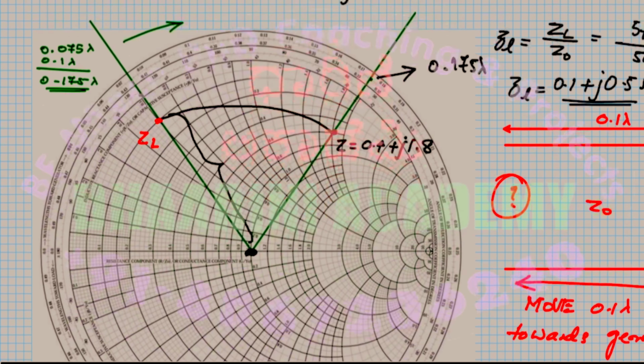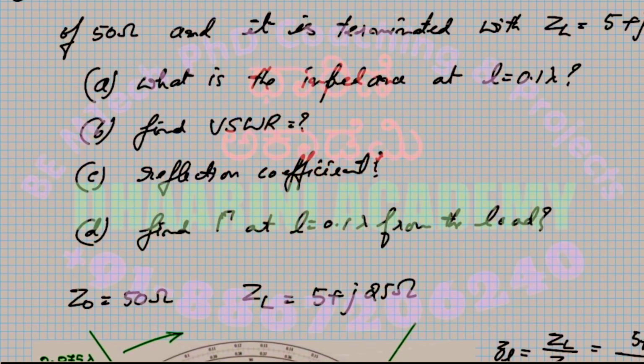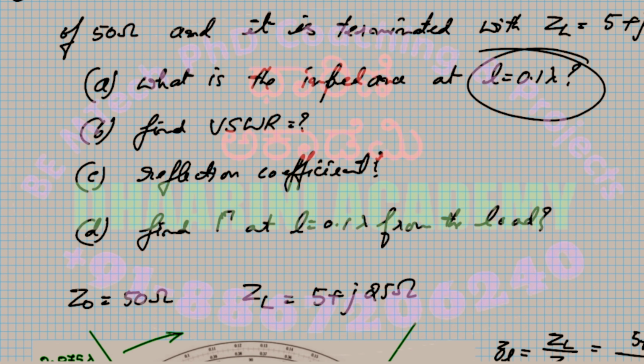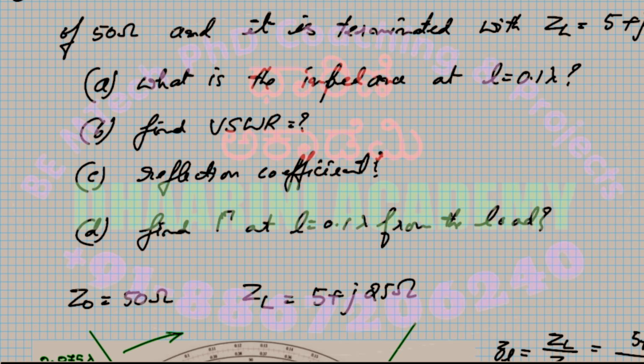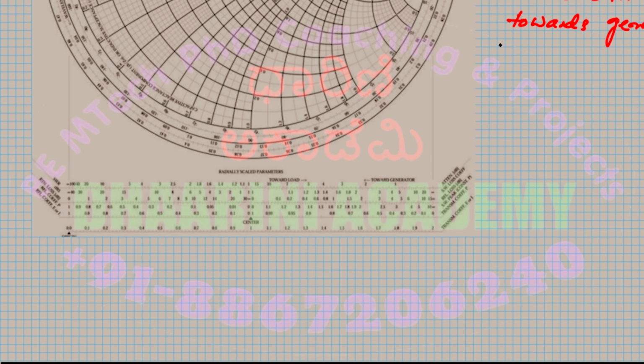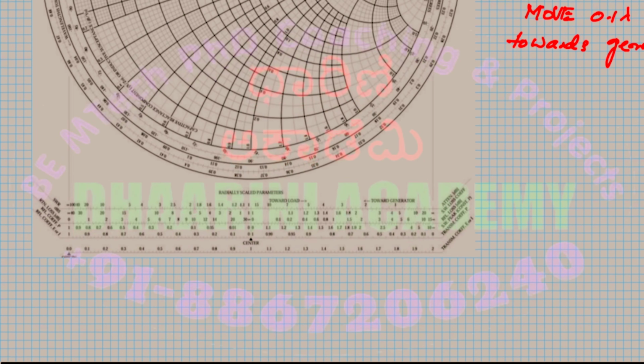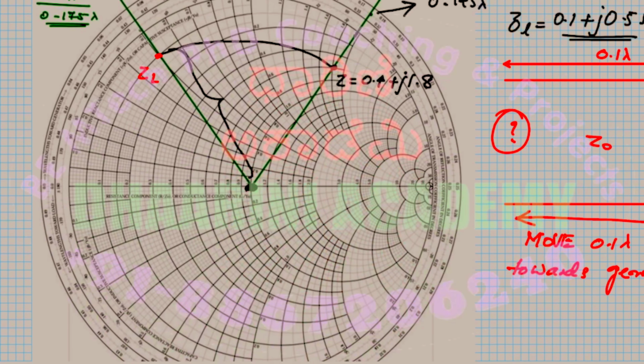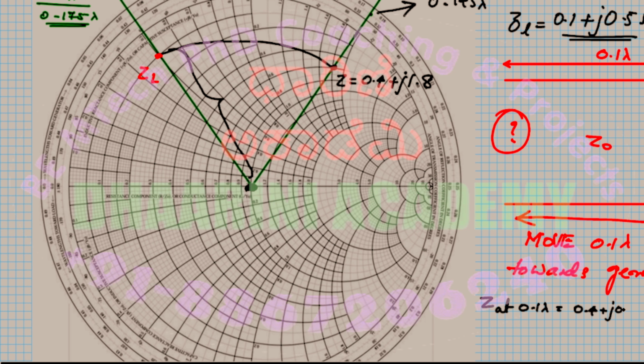The answer for the first question, what is the impedance at L equal to 0.1 lambda? I got a normalized value. I'll just write here: Z at 0.1 lambda, read that value, 0.4 plus j1.8. But this is not exact.